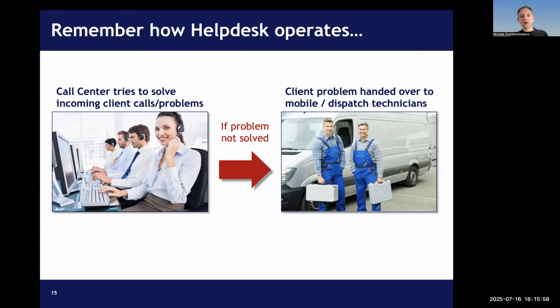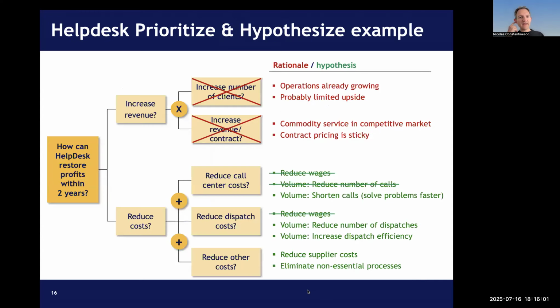So if we go back to our question tree, then we have a bunch of hypotheses, and in particular, this one, reducing the number of dispatches. So the hypothesis is that one way to reduce the dispatch costs is to reduce the number of dispatches. The fewer dispatches we do, the lower the dispatch costs we'll have.